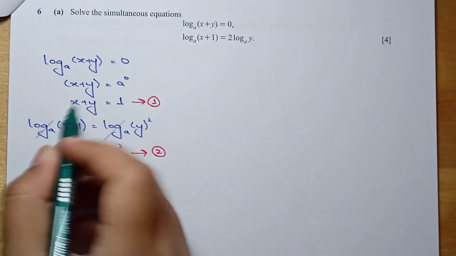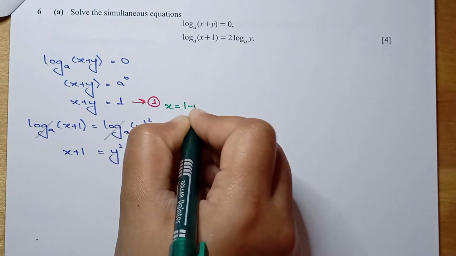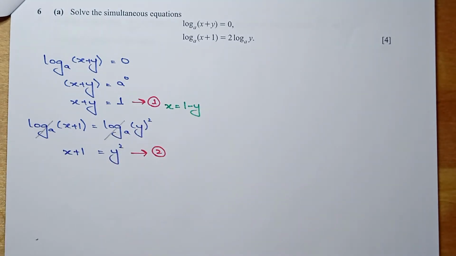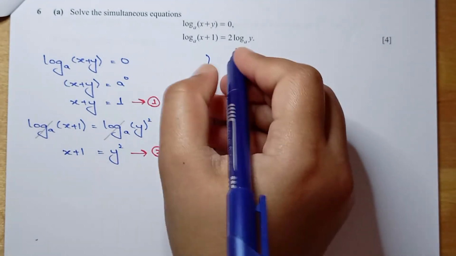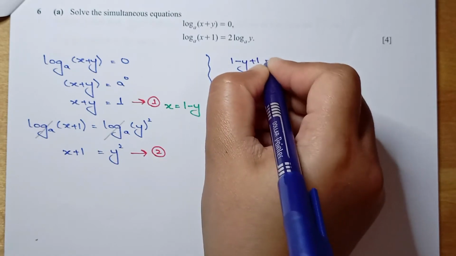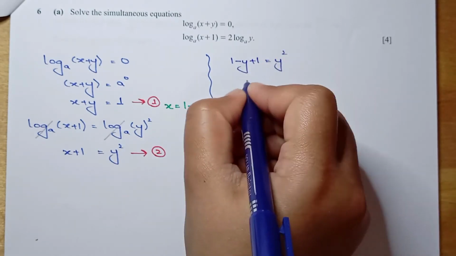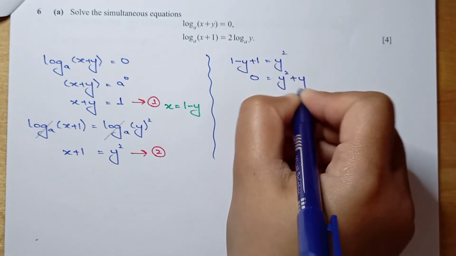Okay, from the first equation, I can say x equals 1 minus y, and I can substitute into my second equation. I will get 1 minus y plus 1 equals y square, and 0 is equal to y square plus y minus 2.